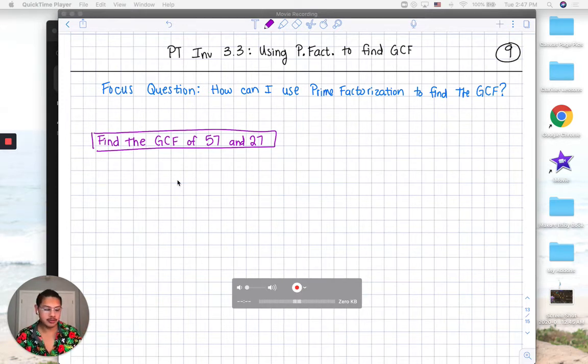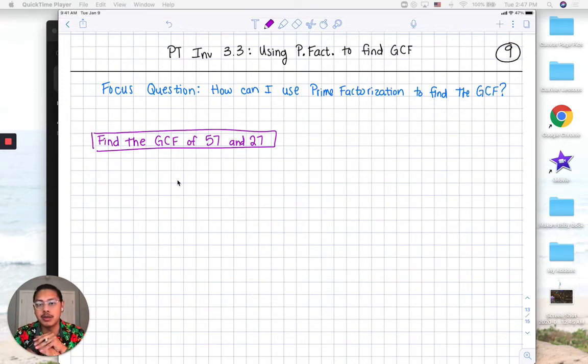Remember from the least common multiple video, we talked about finding the factors that both numbers had in common and finding the factors that were unique about each number. Well, finding the greatest common factor using prime factorization is actually shorter than finding the LCM. So with greatest common factor, we can actually stop when we find what things they have in common.